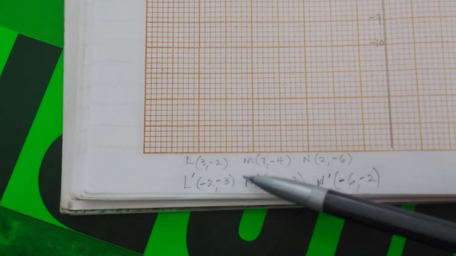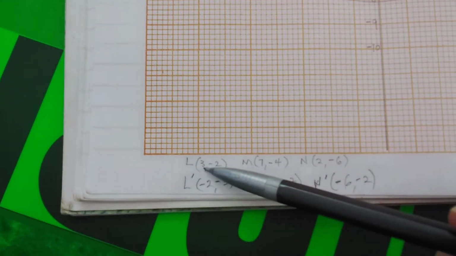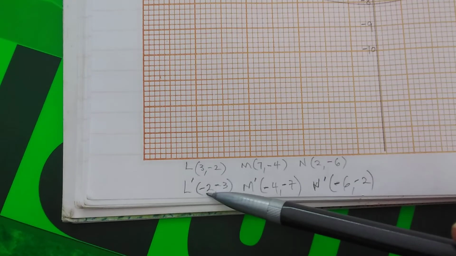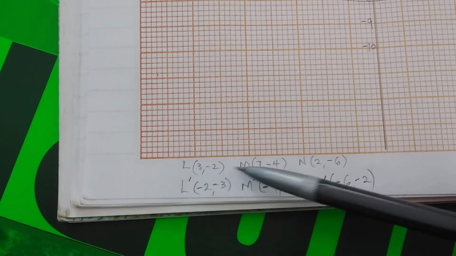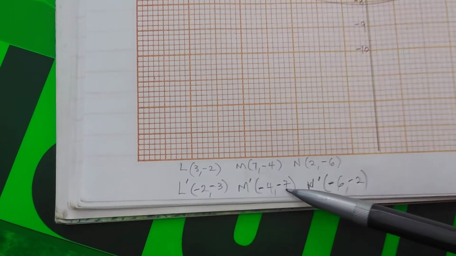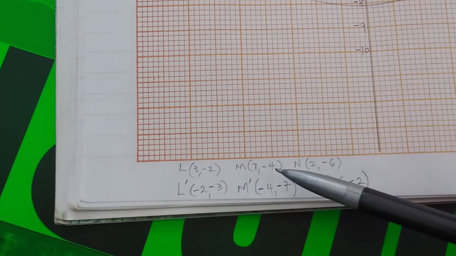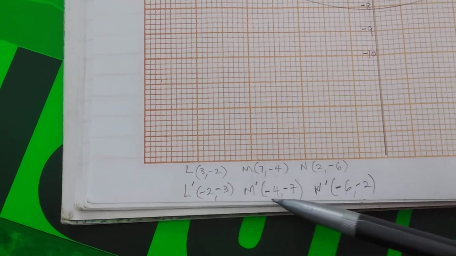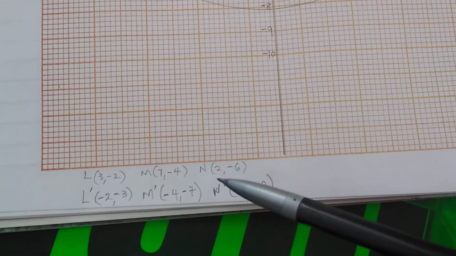The numbers switch around, so the X now becomes the Y, and the Y becomes the X. But when the X becomes the Y, the sign changes. Notice, when the X becomes the Y, the sign changes. But the Y remains as it is, but it just turns into the X value.